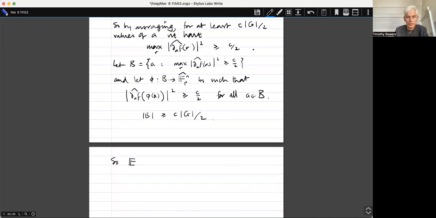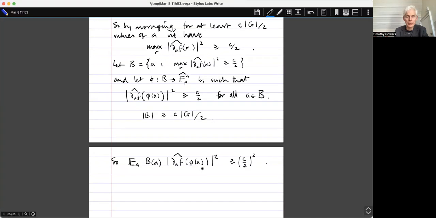The average over A of B of A, by which I mean 1 if A is in B and naught otherwise, times |Δ_A f hat(phi(A))|^2 is greater than or equal to, right, the probability that A belongs to B is c over 2, and if A belongs to B, then this quantity here is at least c over 2, but I'm averaging, so I get c over 2 squared.